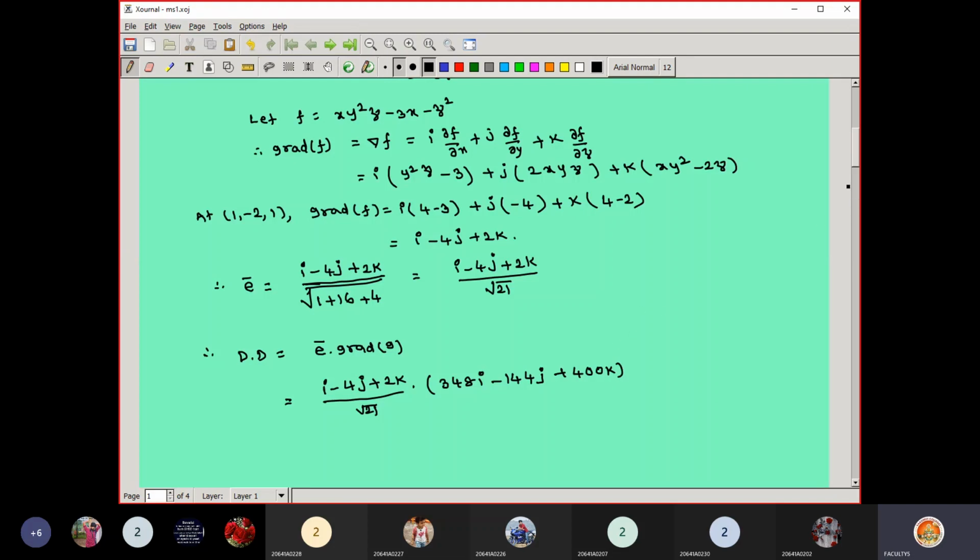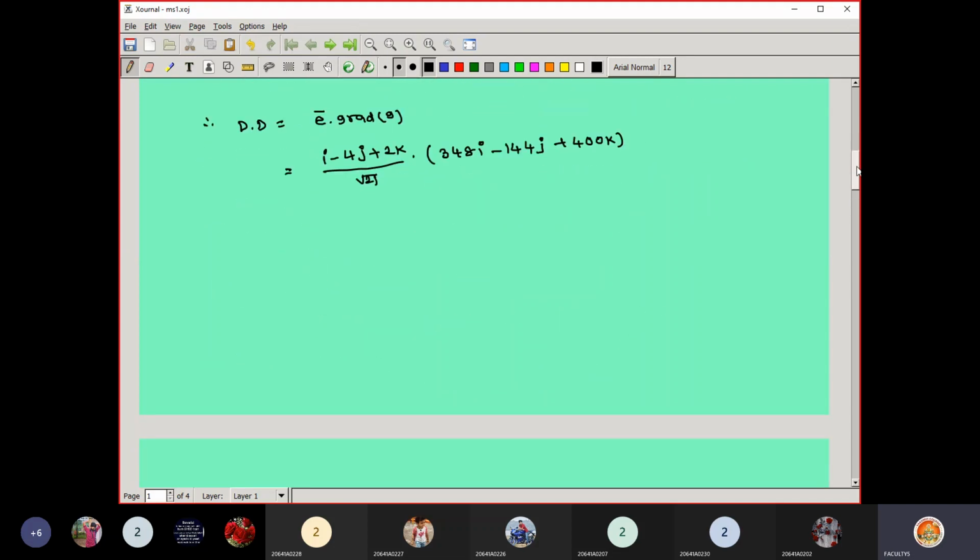Now you take the dot product between those two. It's only a lengthy process, but the simplest thing is that you are using the same procedure. So 1 divided by root 21. Now directly I'm making the multiplication: i to i, so you are getting 348. Similarly j to j, minus is there, plus 4 into 144, which means 576.